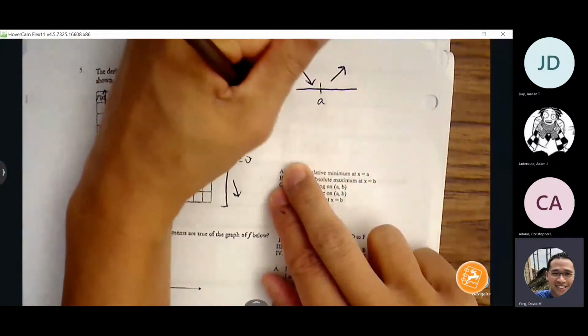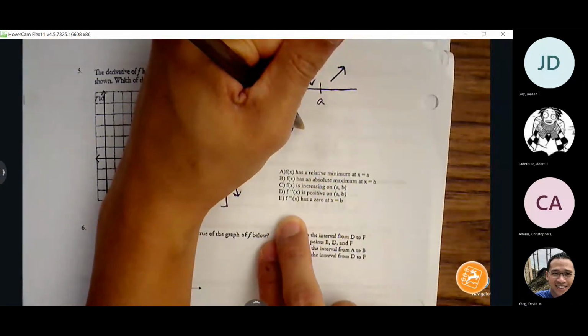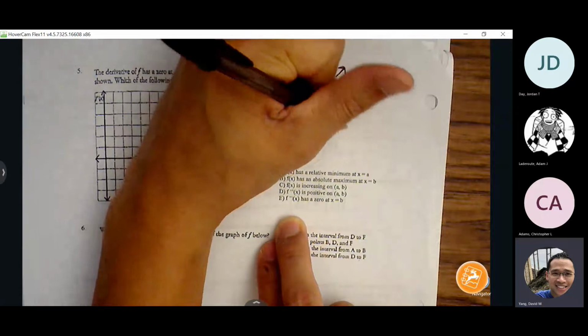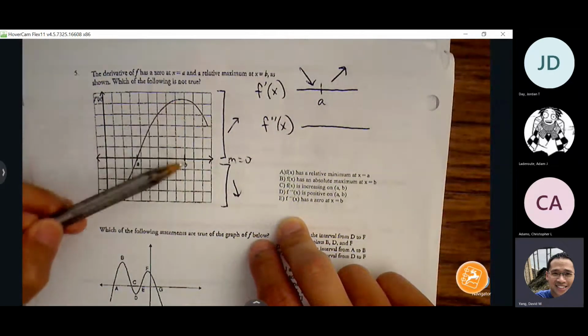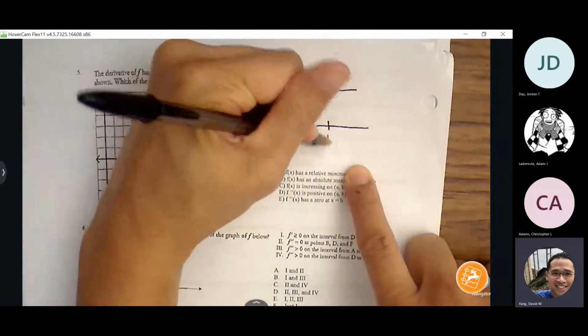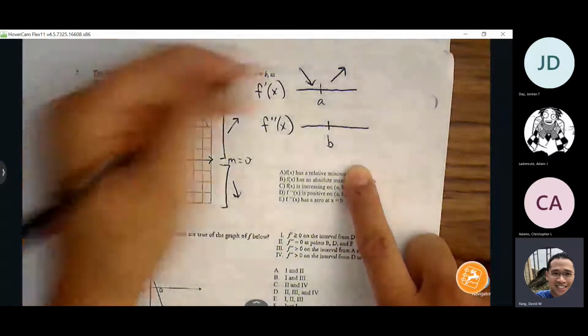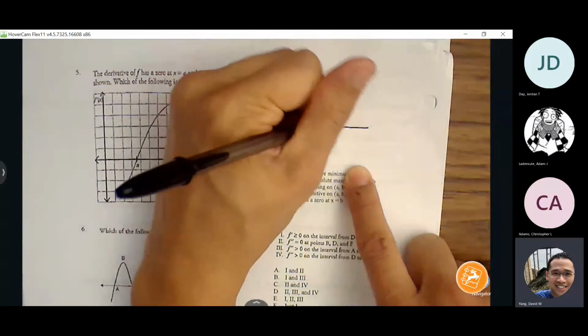So now let's create our second derivative sign line. Maybe it'll help, maybe it won't. But since we have it here, we know that there is a relative max at B, so this must be a point of inflection, right? Increasing slope translates to concave up. Negative slope is concave down.